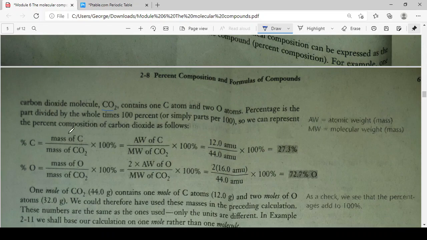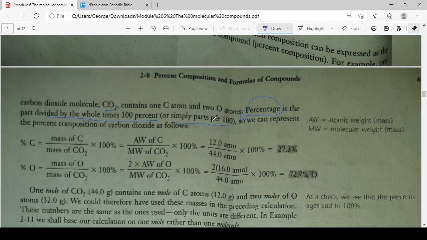Percentage is the part divided by the whole times 100, or simply parts per 100.